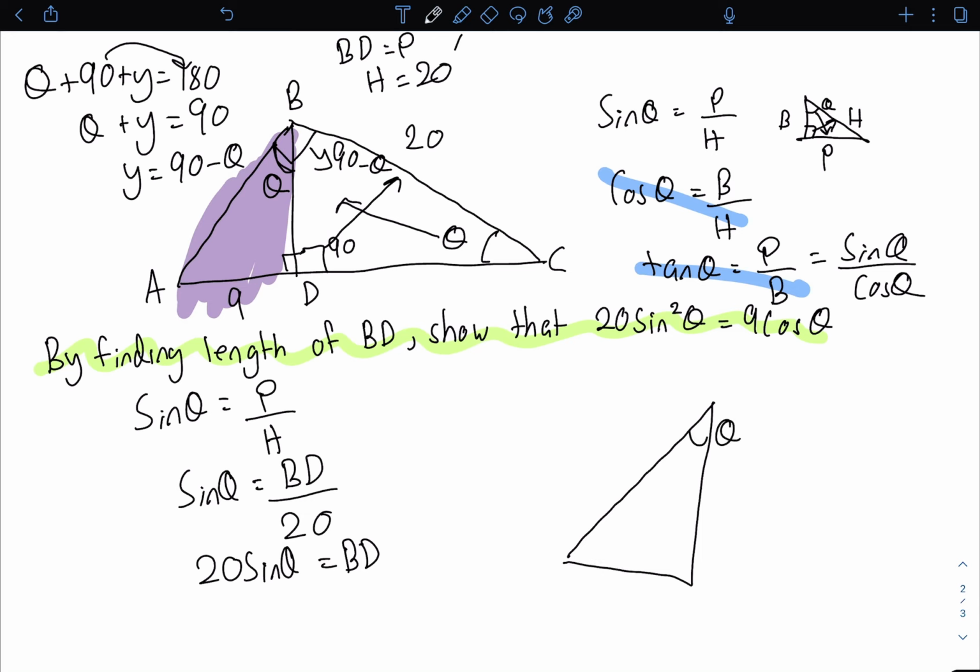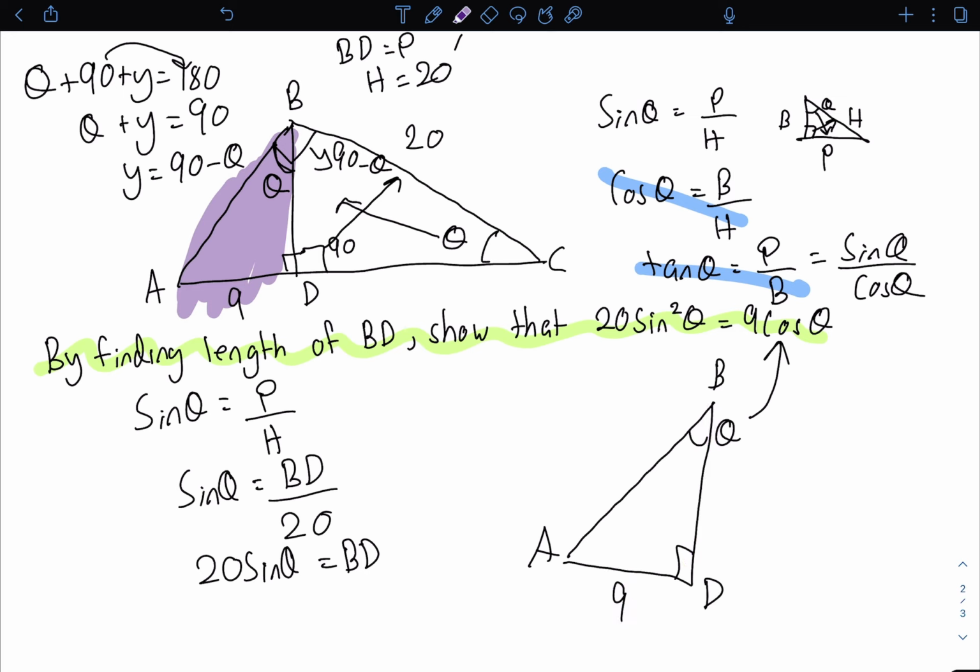If you don't understand anything, please comment. This is 90 degrees. We don't need to know this angle. This is 9. This is BAD. So to come to the conclusion, to find this expression, I need to find the other value of BD. I've already found out what values I'm looking for. I'm trying to find this value. I know this already.